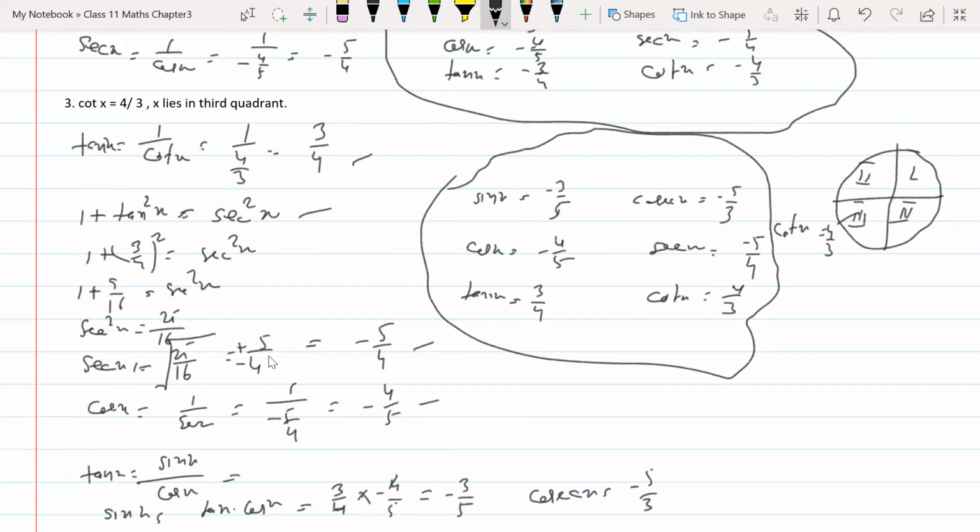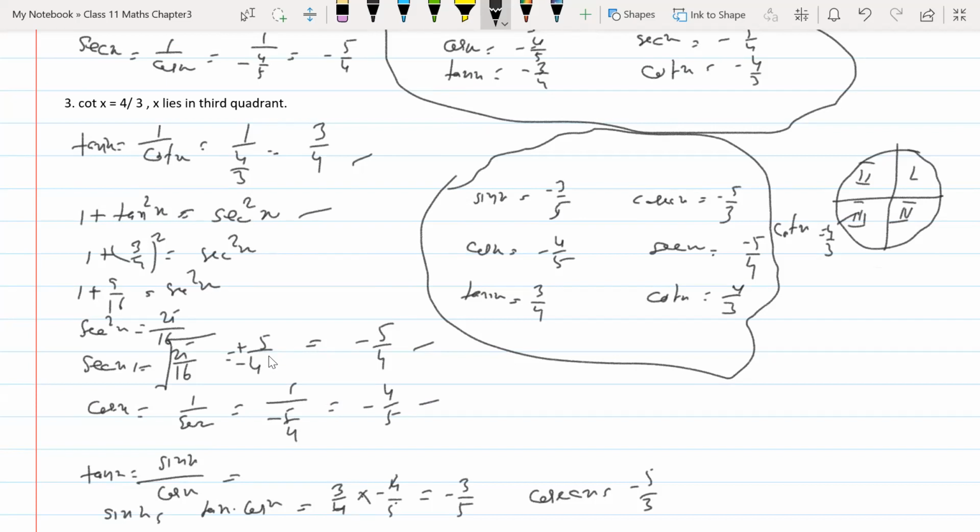That's very simple. If you have learned the formulas related to trigonometric functions and the trigonometric identities, then it's very easy to prove. And one thing you have always to keep in mind is the quadrant values of each and every function.